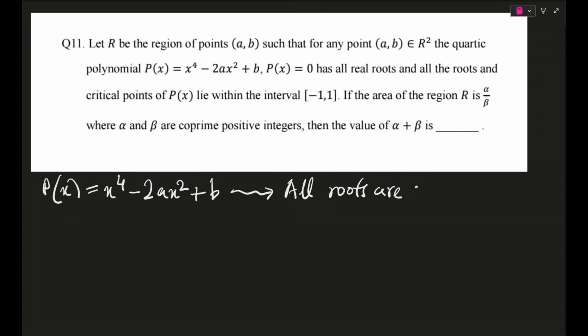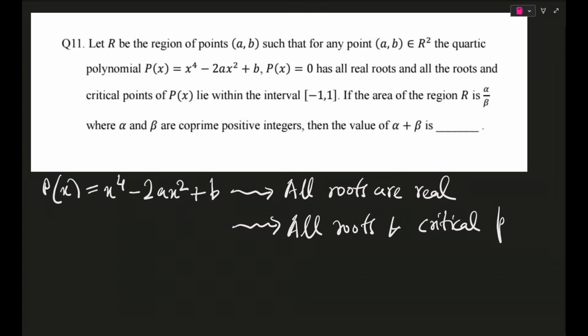This is a good question, so I am writing all the info and after that I am doing it. Another thing is given that all roots and critical points lie in minus 1 to 1. Now this is something which is very interesting.